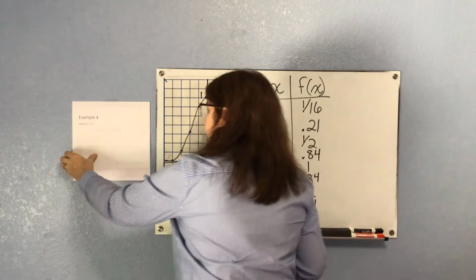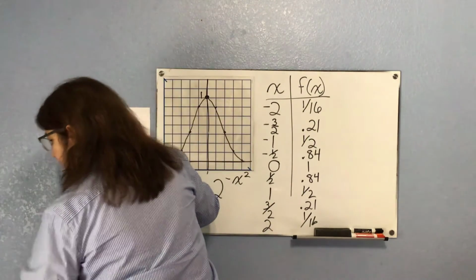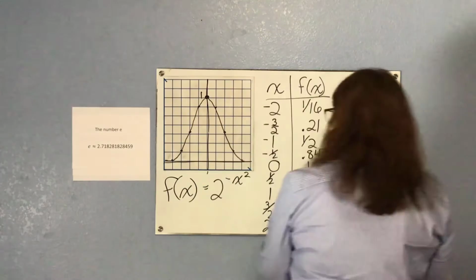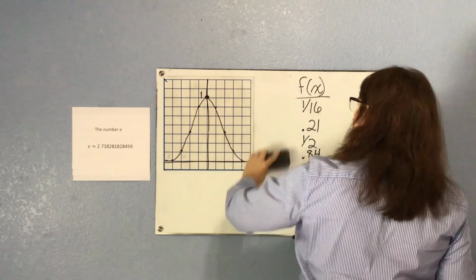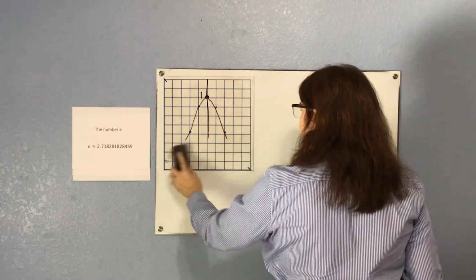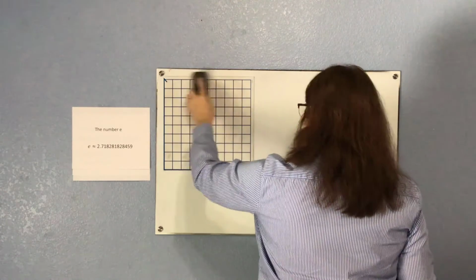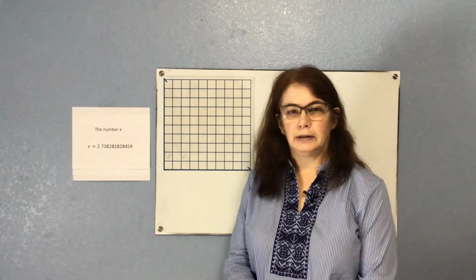Before we go on, I want to talk for just a minute about the number e. Some of you may remember the number e from high school, and some of you maybe don't. Basically, the number e is very similar to the number pi. They're both irrational numbers, which means that they go on forever, but never repeat in a pattern.